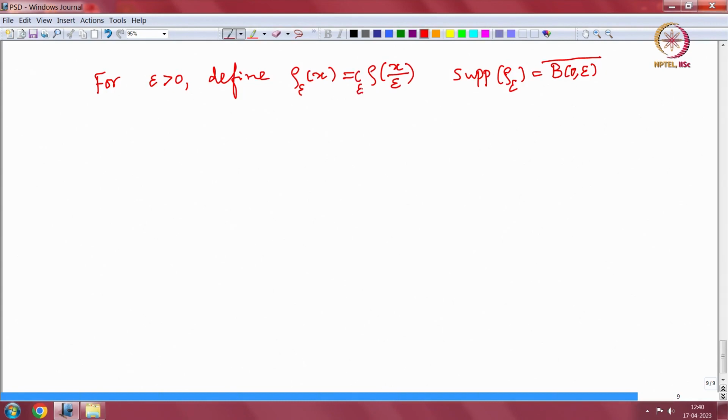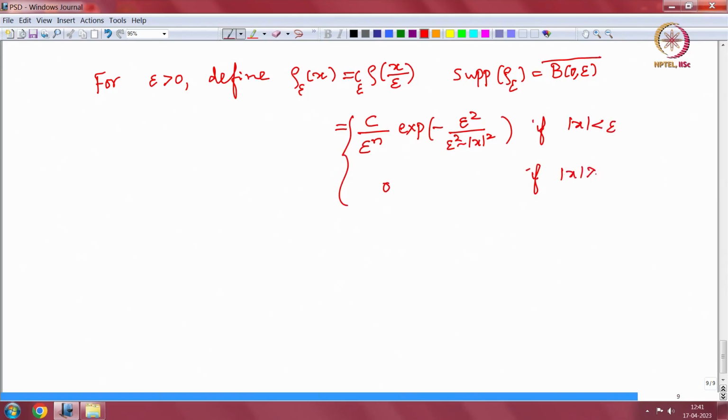Okay. So, let me write this as C by epsilon n into this exponential minus epsilon square by epsilon square minus mod x square if mod x is less than epsilon, and 0 if mod x is bigger than or equal to epsilon.